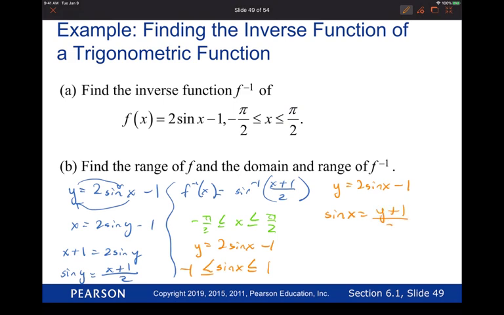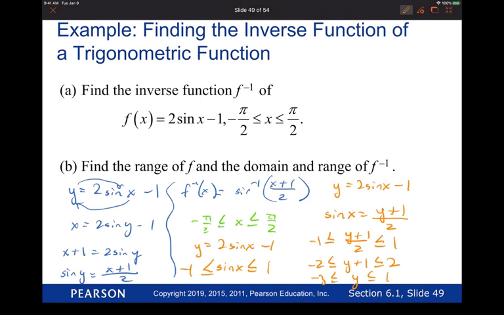So then this means that negative 1 is less than or equal to y plus 1 over 2, which is less than or equal to 1. Now we can multiply all parts by 2, and then subtract 1 from all of them. We get negative 3 is less than y, which is less than 1. So then that's our range.